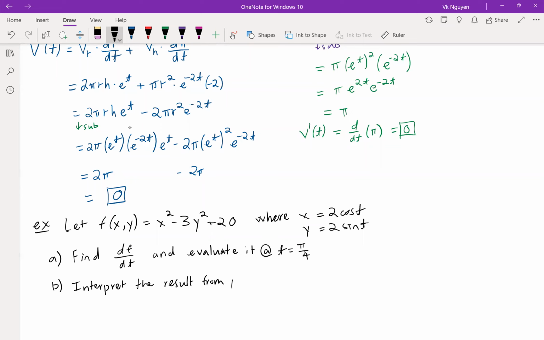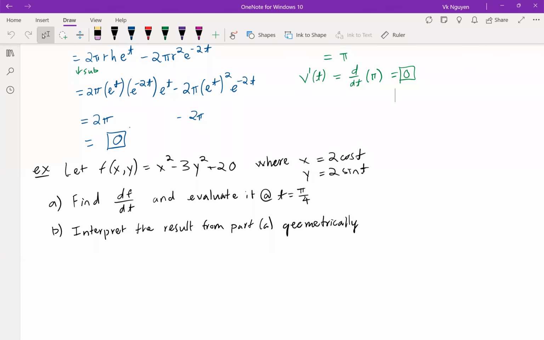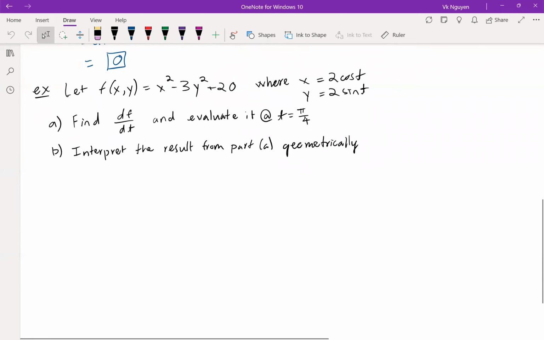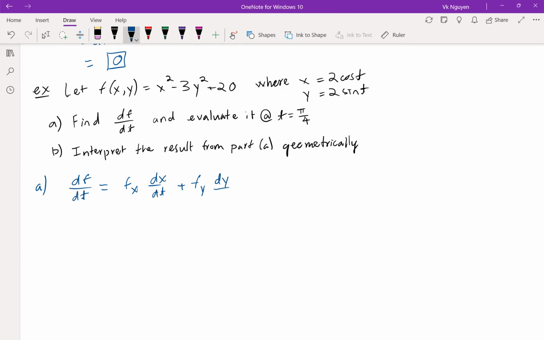From part A, geometrically. But for the sake of the chain rule, I'm going to work it out using the chain rule. df over dt from the chain rule is going to be fx dx over dt plus fy dy over dt.